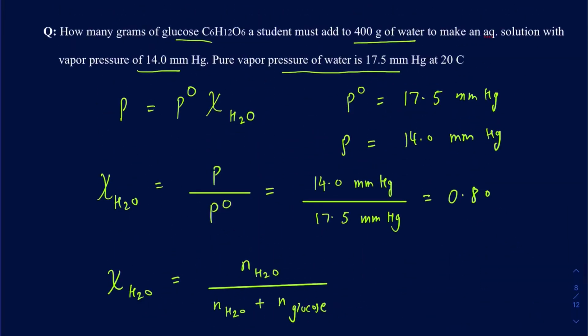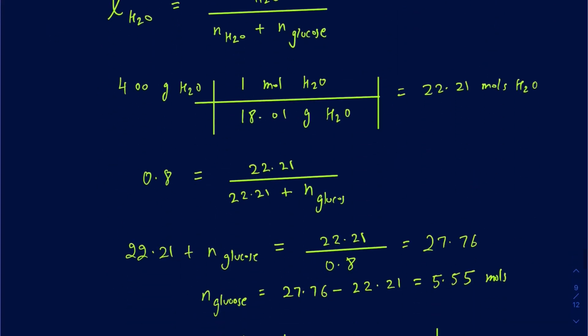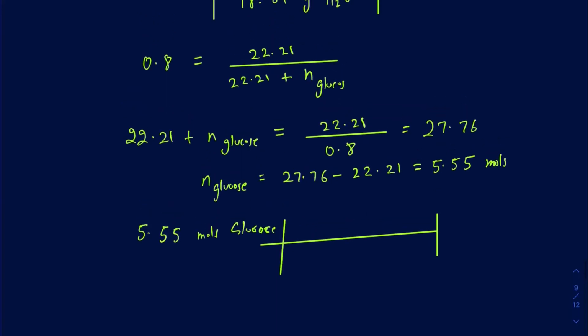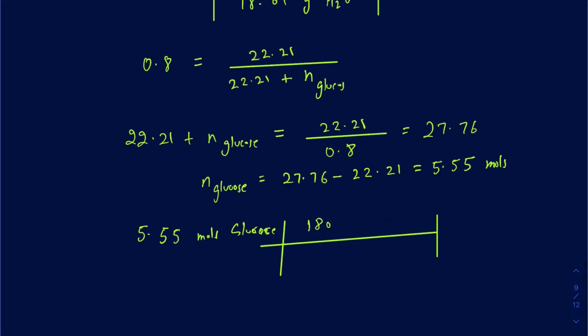So from there, you can figure out the molar mass. We've got 6 carbons, so 6 times 12, and then we have 12 hydrogens, each hydrogen is going to be about 1, and then we've got 6 oxygens. So that's going to be roughly 180 grams divided by 1 mole.